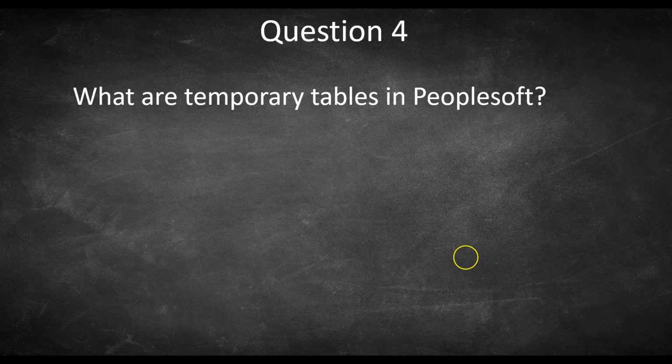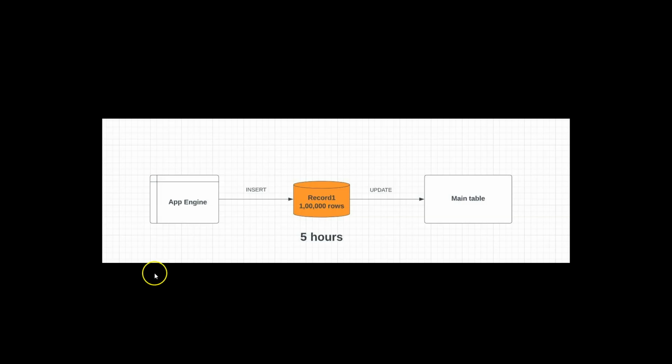The next question is, what are temporary tables in PeopleSoft? So temporary table is one of the PeopleSoft records which is used for parallel processing in application engine. Let us quickly understand the concept of parallel processing. Suppose in this example, we have a requirement that we want to create an application engine for bulk data processing.